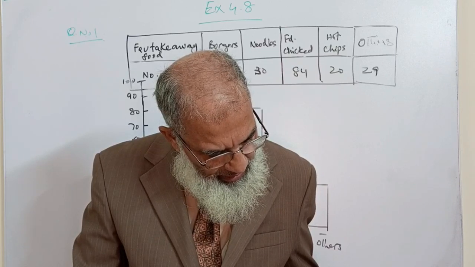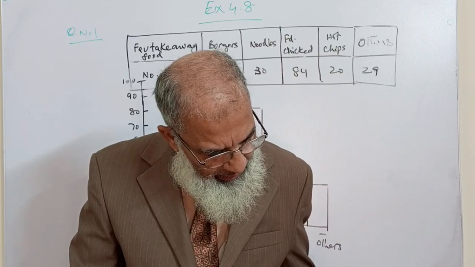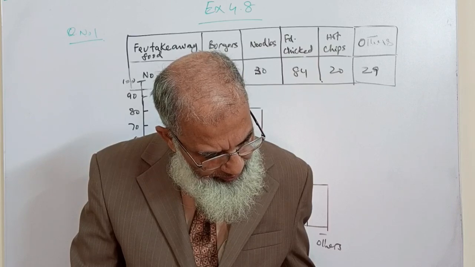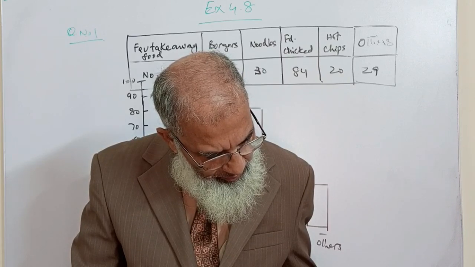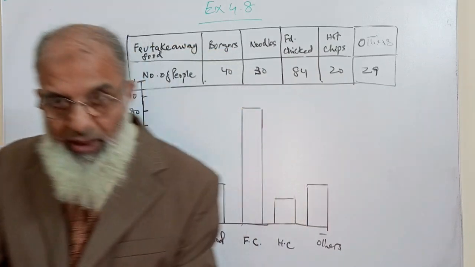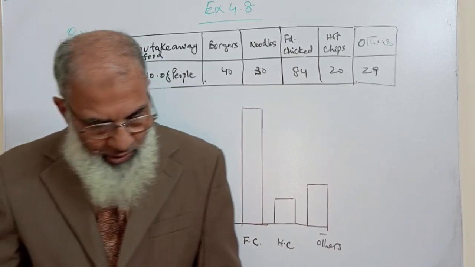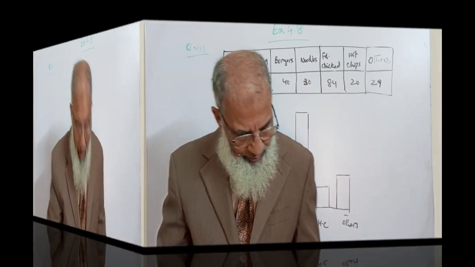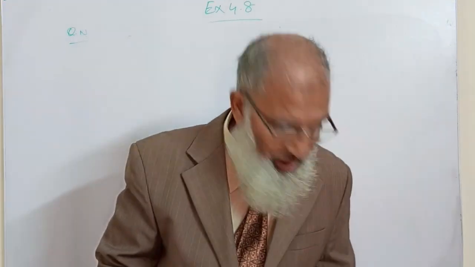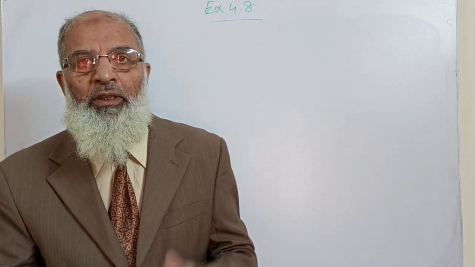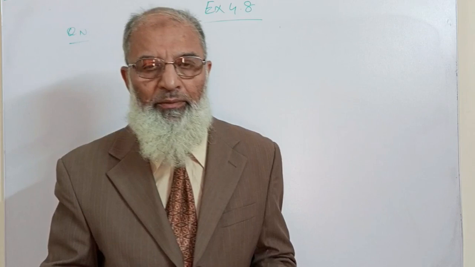But I am very much interested in a compound bar diagram, and that is question number 3. So let me start with question number 3 now. Dear students, question number 3 will consist of a compound bar chart.